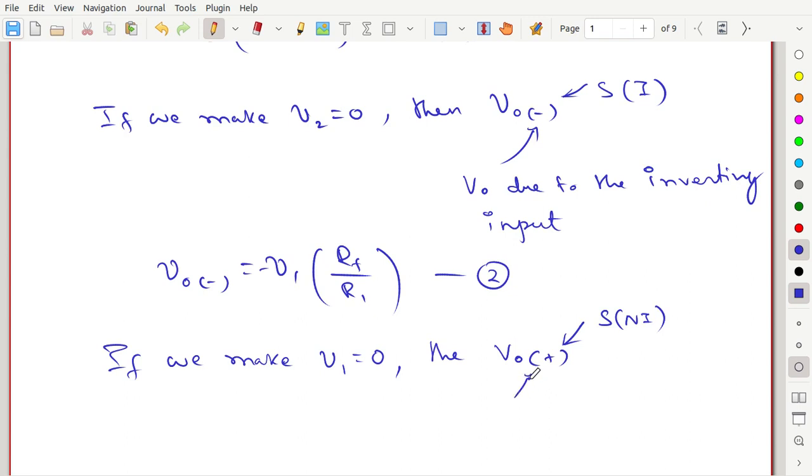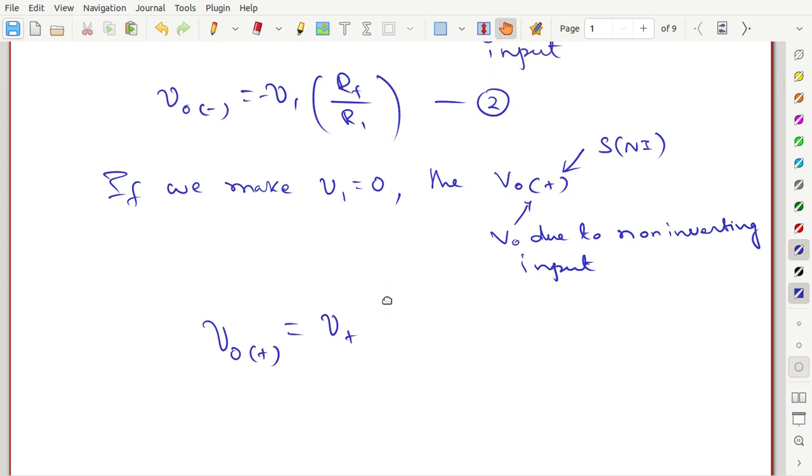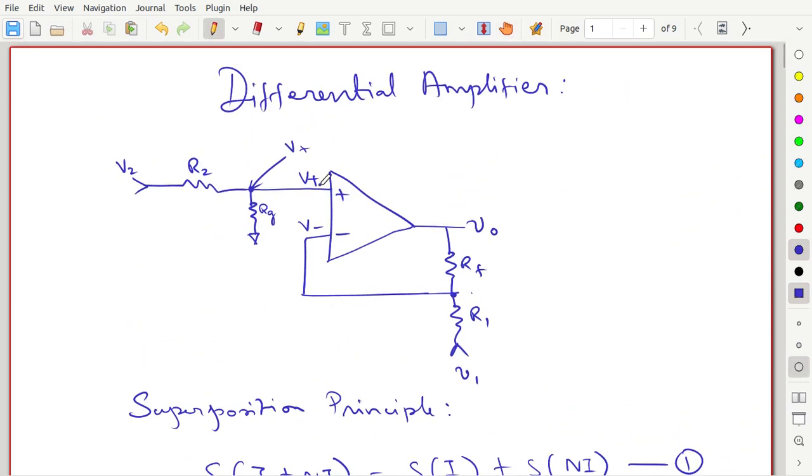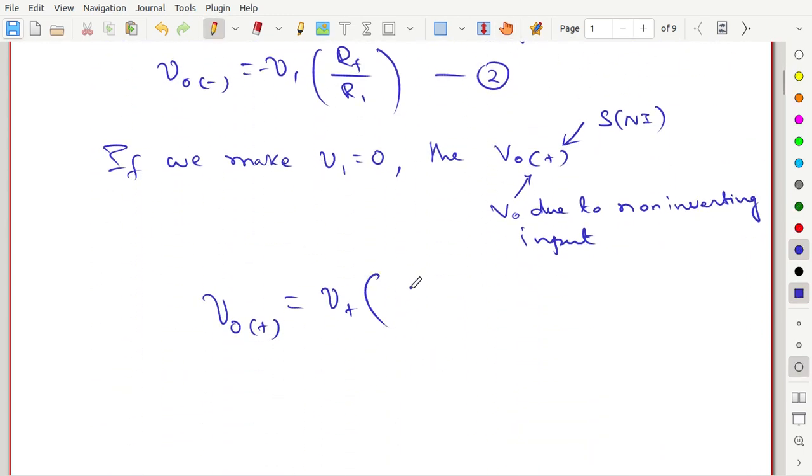So this V out due to the non-inverting input is nothing but V plus, the input voltage, times 1 plus RF by R1.